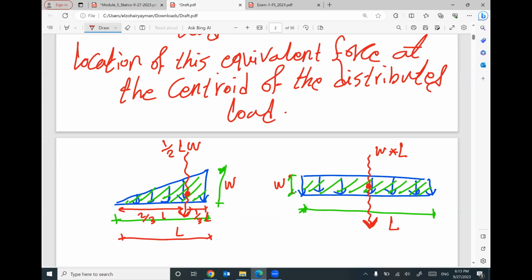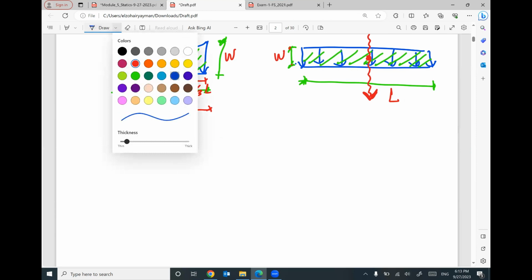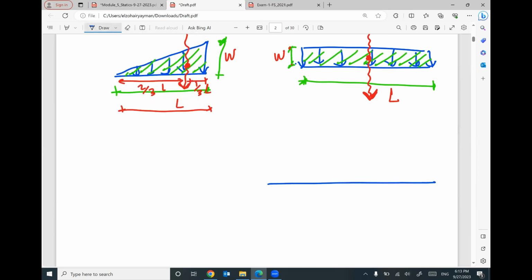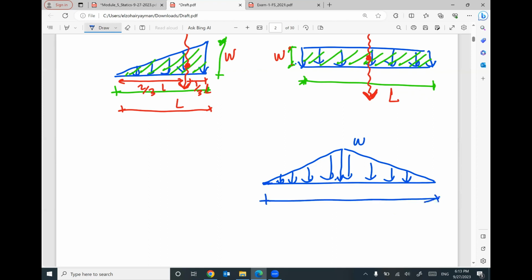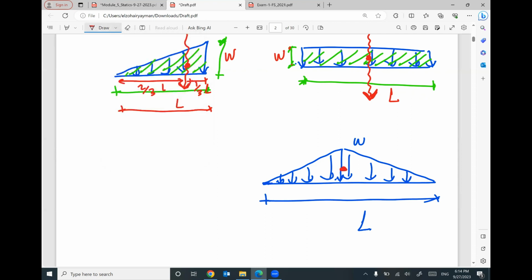That makes sense? If your shape looks like this triangle, symmetric, this triangle is symmetric. So this height is called W, and this total length is L. If you would like to figure out the equivalent, first of all, the centroid of this triangle at the midpoint.